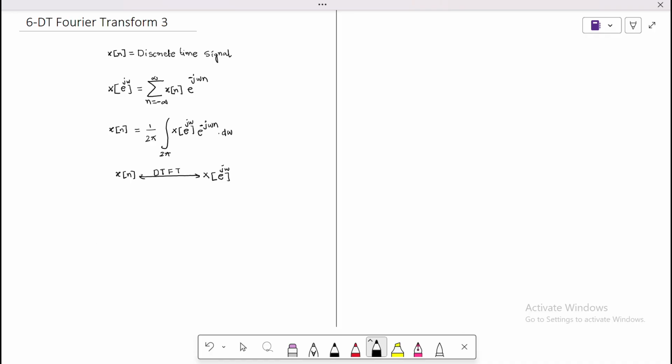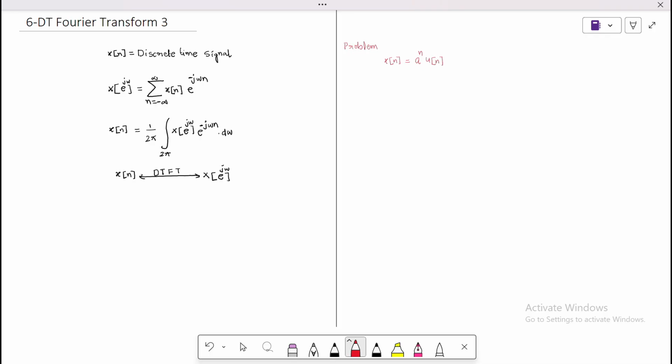Now I'm taking one example, for which we have to do the discrete time Fourier transform. So that is the problem. The problem is one aperiodic signal, x of n equal to a to the power of n into u of n.